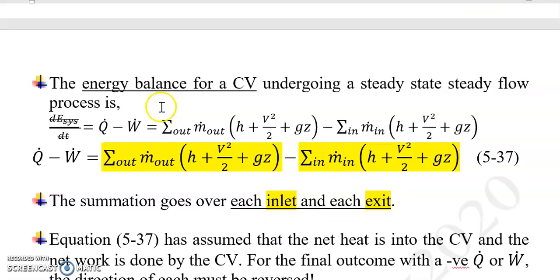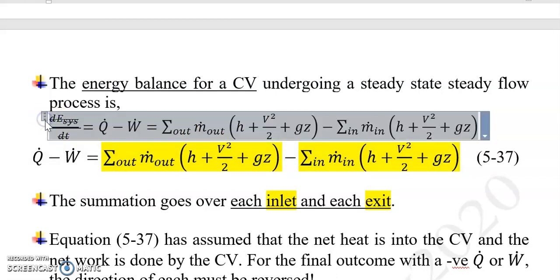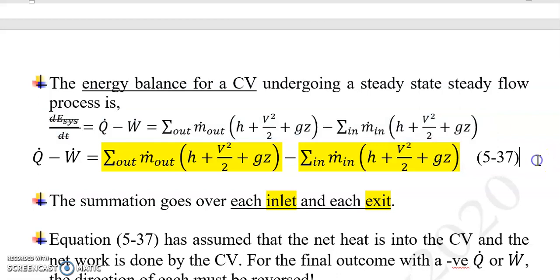Okay, let's have a look at the energy balance for a control volume undergoing a steady state, steady flow process. So you have this equation, but the rate of change of energy in the control volume is now 0, and simplifying you get 537. Now again, the summation goes over each inlet and each exit.